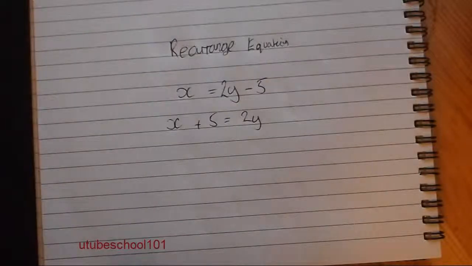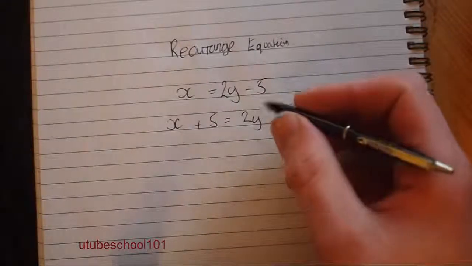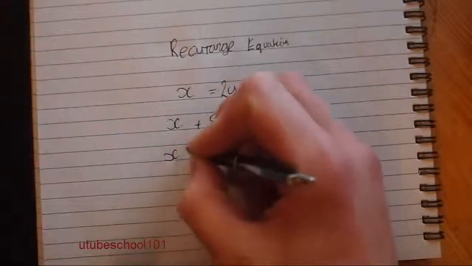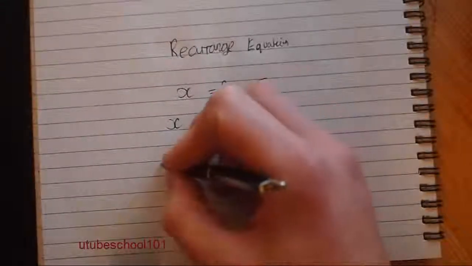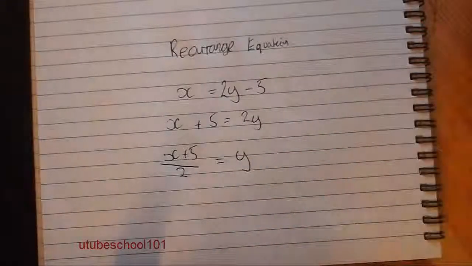We have to get rid of the 2. And because it's multiply, and we don't have anything on the other side, we can easily and cleanly remove the 2. We can remove the multiply by 2 by dividing by 2. So if we divide by 2, we have x plus 5 divided by 2 equals y.